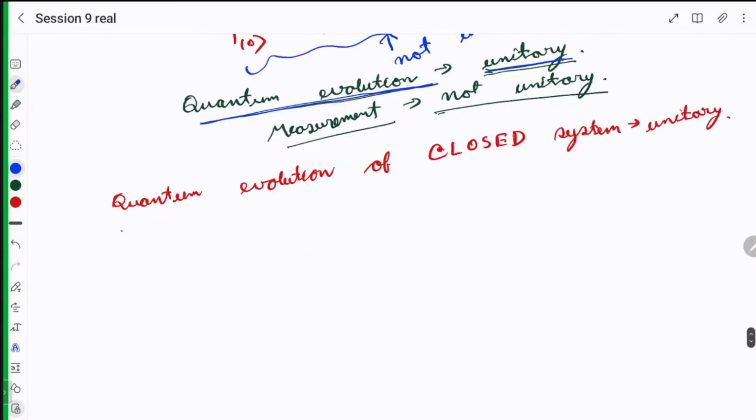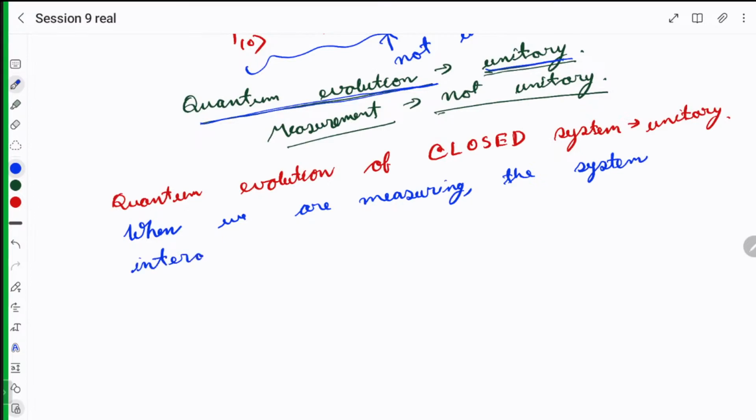So when we are measuring, the system interacts with the measuring apparatus.